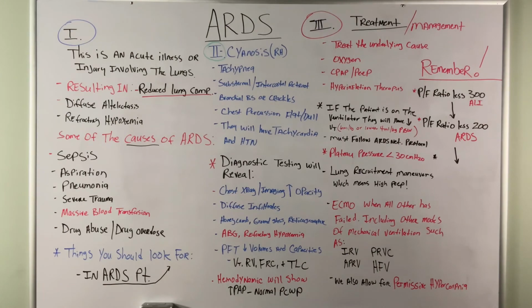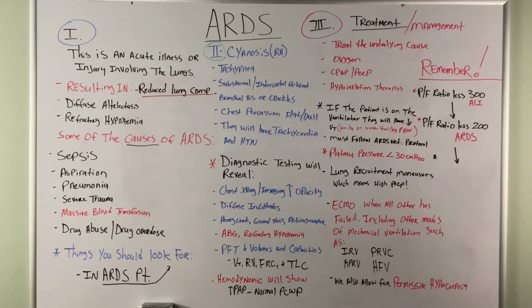But you will have to do some lung recruitment on the TMC exam, and if it calls for an increase in PEEP for a certain amount of time continuously, do not shy away. Give them the PEEP that they need to help the oxygenation problem. And when all others have failed, then you know that we go to ECMO.